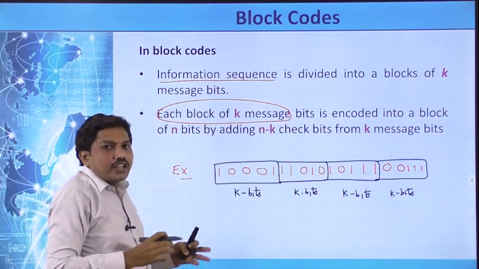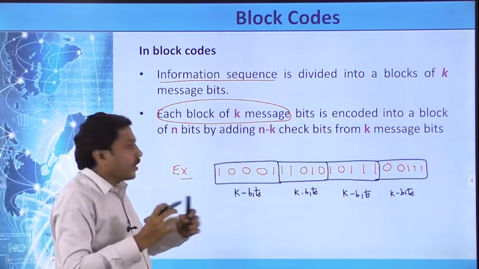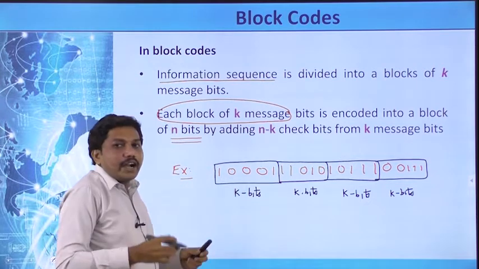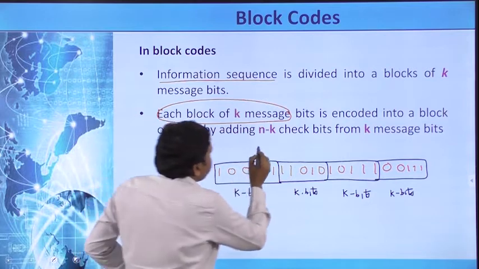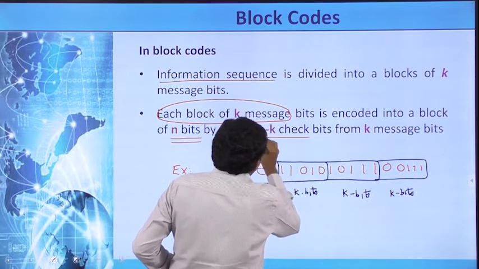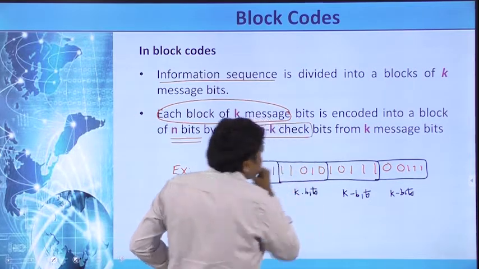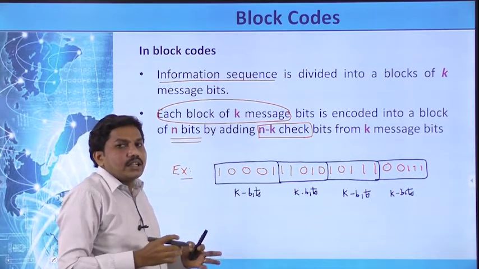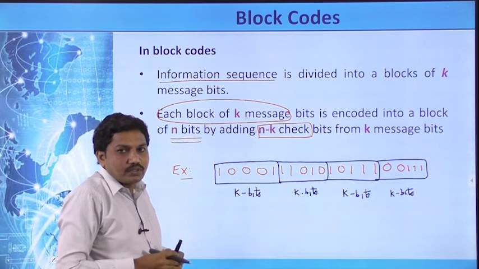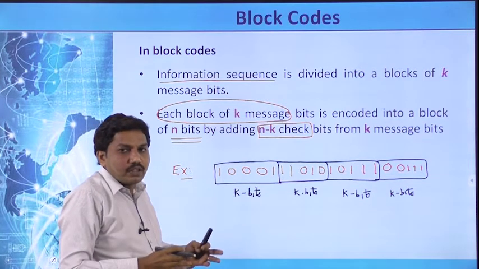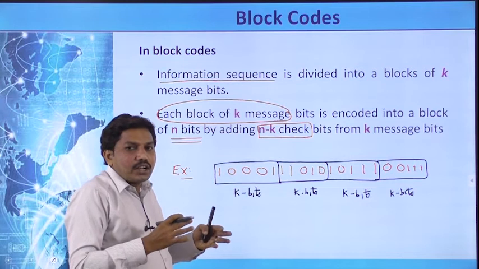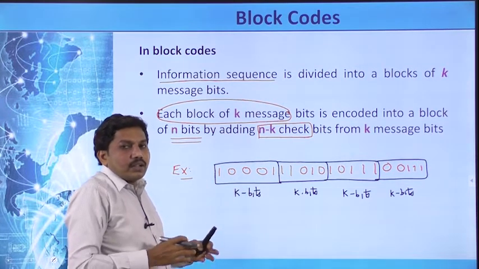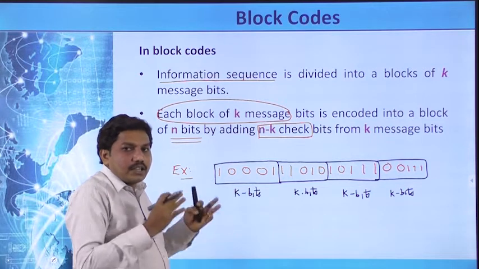The second step is that each block of k message bits is encoded into n bits by adding check bits. How many check bits can we add? We can add n minus k check bits, or extra bits, for each k message bits. I repeat, the message bits are k bits.